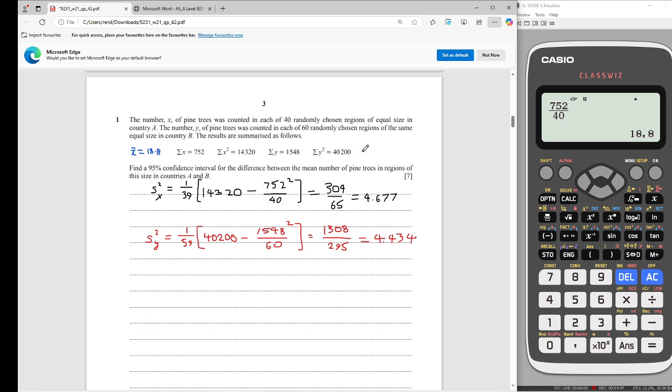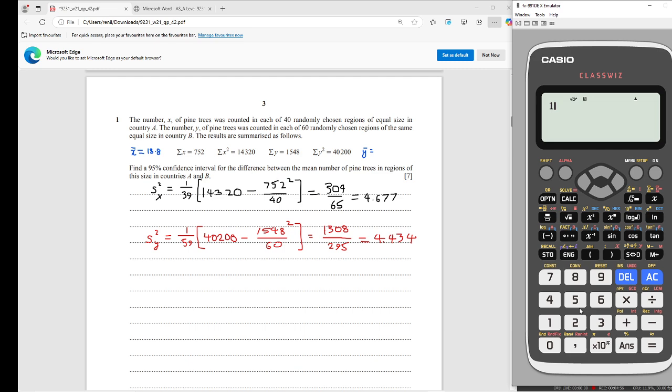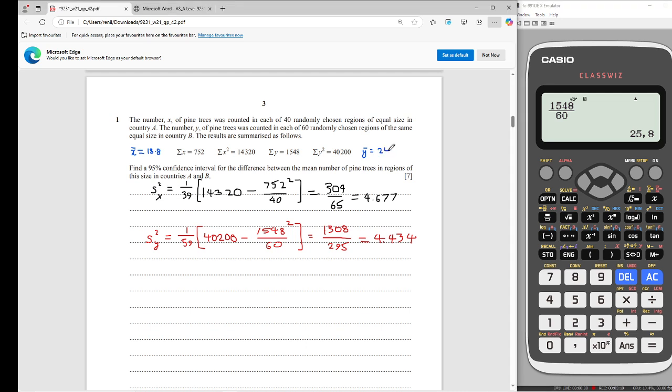Next I'll have the sample mean of y, which is equal to 1548 divided by the number of terms of y, which is 60, equal to 25.8. Okay, so these are values that we have here.